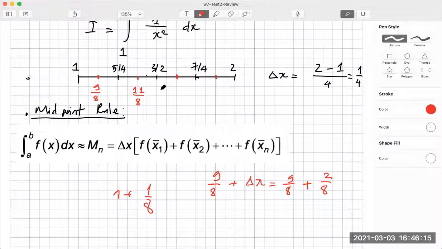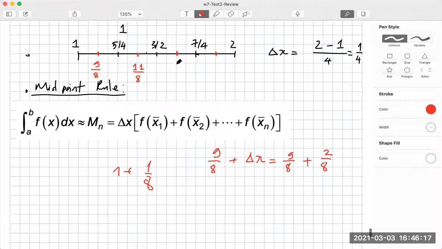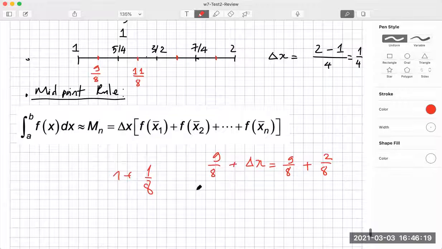Are we good? And here, this point will be 11 over 8 plus delta x, right? It will be 11 over 8 plus delta x here is 1 over 4 or 2 over 8, right? It will be 13 over 8, okay?